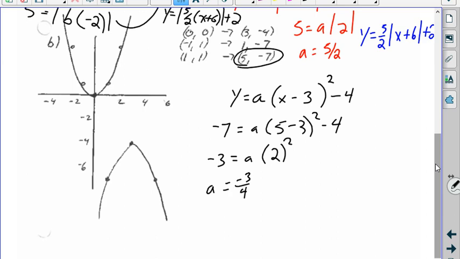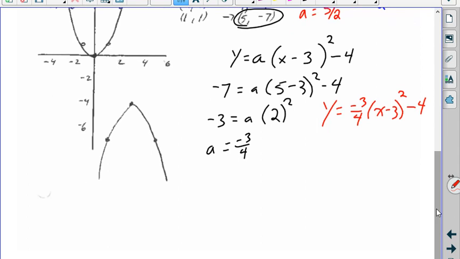Solving very quickly, squaring 2 and dividing by 4, we have a is equal to 3/4. There is, again, one possible stretch for this. Okay. Now, we got out a negative, which is a good thing.